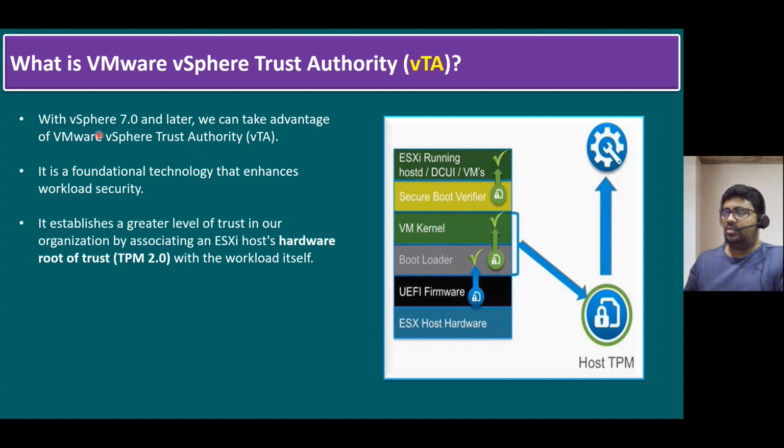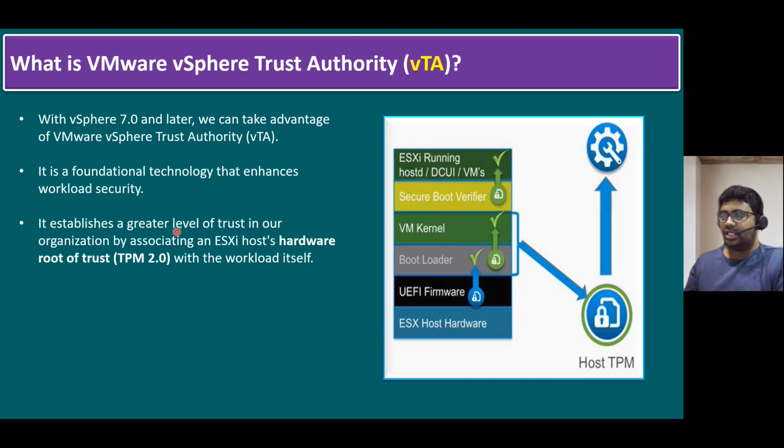Okay, at this point, as per VMware, this is the official definition. With vSphere 7.0 and later, we can take advantage of VMware vSphere Trust Authority, vTA. It is a foundational technology that enhances workload security. Workload means whatever applications are running in our virtual machines.